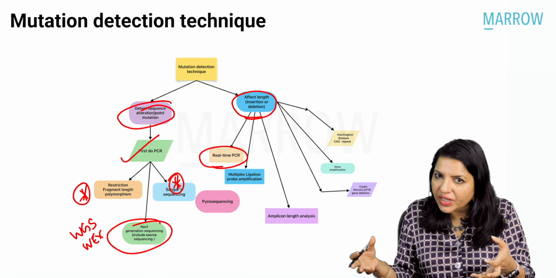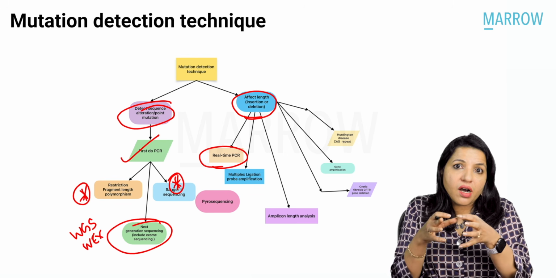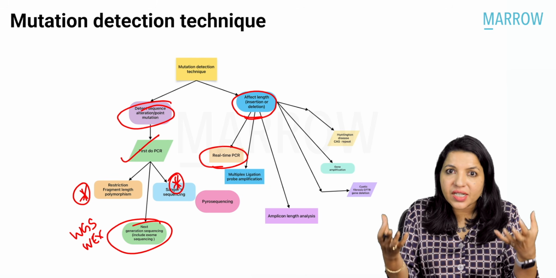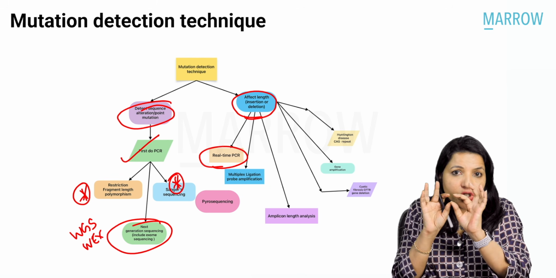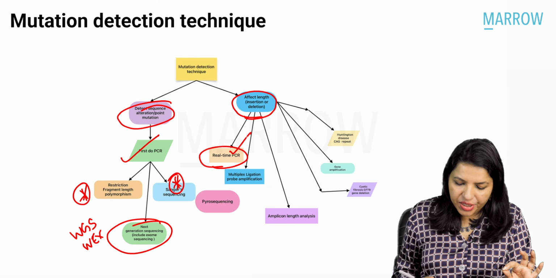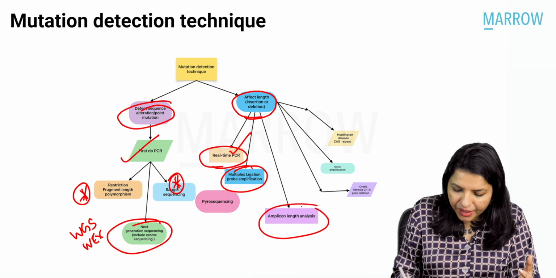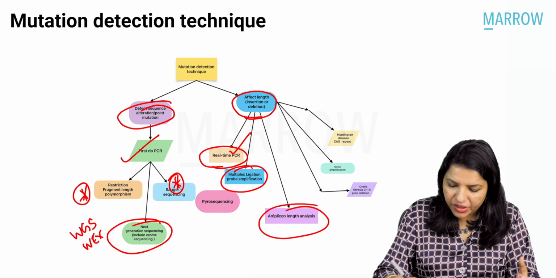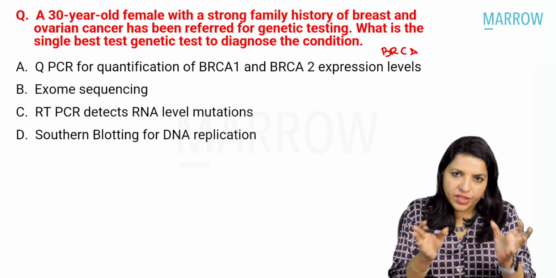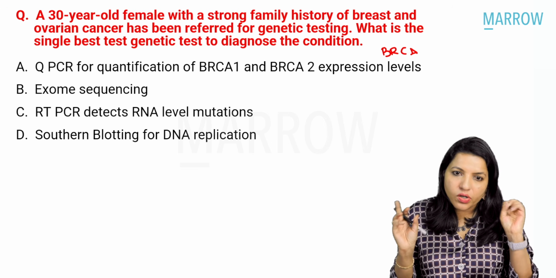If we are suspecting such a mutation, or a large gene deletion, for example, a gene is deleted, then gene dosage is affected, and only then will we do quantitative PCR. Or MLPA can be used, or amplicon length analysis, like that. So these are the mutation detection techniques. Based on what is the most predominant mutation, the technique also varies.